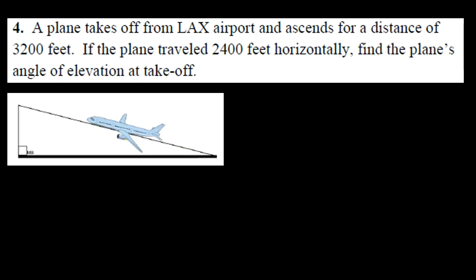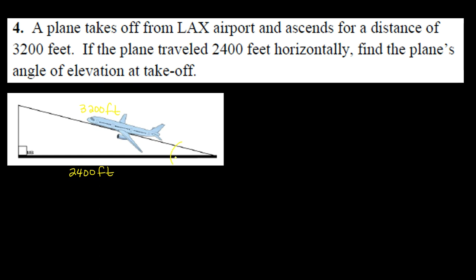A plane takes off from LAX airport and ascends for a distance of 3,200 feet. If the plane traveled 2,400 feet horizontally, this is our 3,200. Find the plane's angle of elevation.